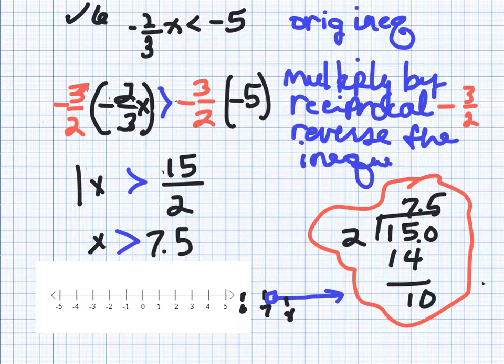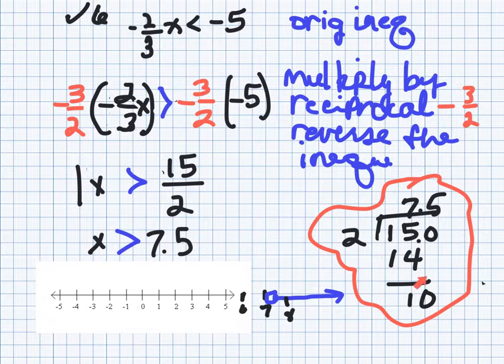We end up with negative 3 over 2 times negative 2 over 3 x is greater than, I've reversed my sign here, negative 3 over 2 times negative 5. I end up with x is greater than 15 over 2, and then I simplify that, and I have x is greater than 7.5.